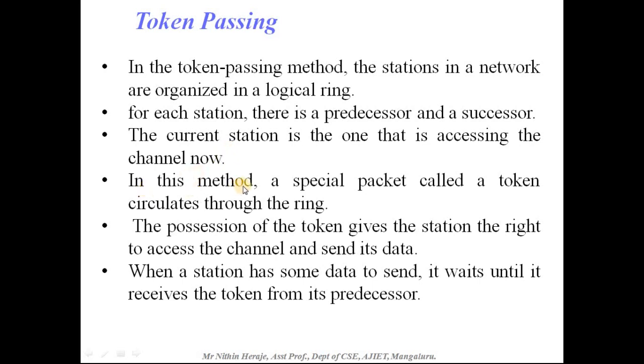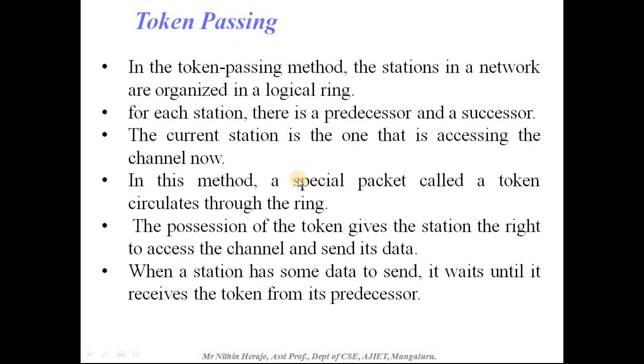In this method, a special packet called a token circulates through the ring. The possession of the token gives the station the right to access the channel and send its data. When a station has some data to send, it waits until it receives the token from its predecessor.